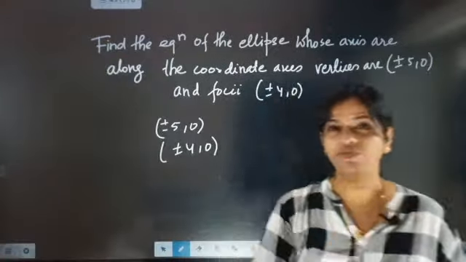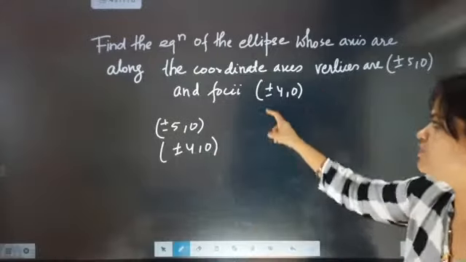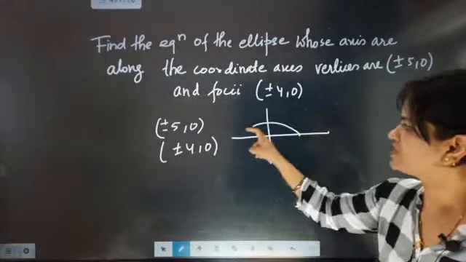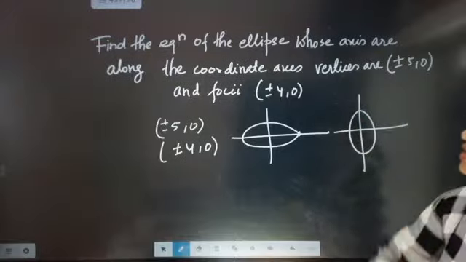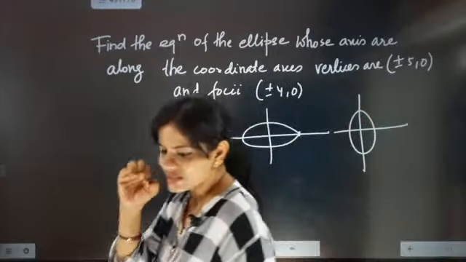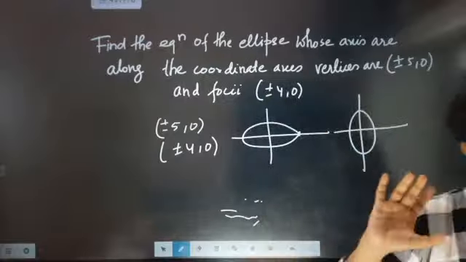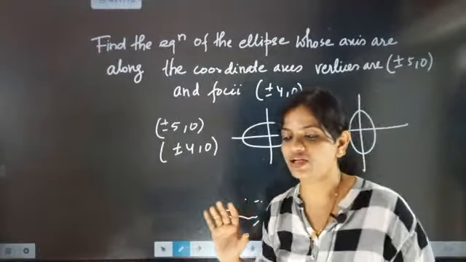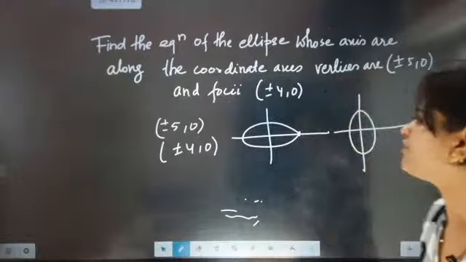By seeing the vertices and foci, can you tell me what type of ellipse is there? Like this ellipse or this ellipse? By seeing the coordinates, if you are able to trap, you will be able to solve the question very nicely. You should have a vision. You should understand what you have to take here.